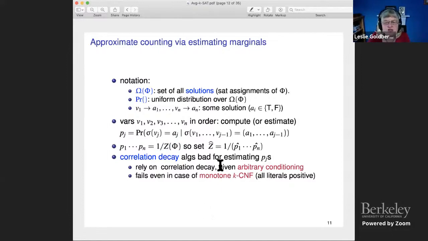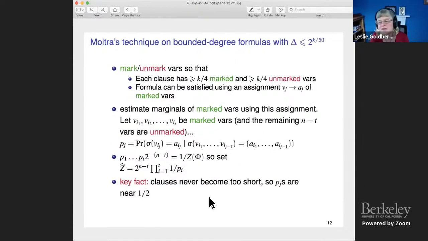Often this approach is used with correlation decay to estimate these marginals. We can't do that here because there's a whole lot of correlation. So following Moiter, we'll be doing something else. What Moiter does in the bounded degree case is what he called marking some of the variables in each clause.